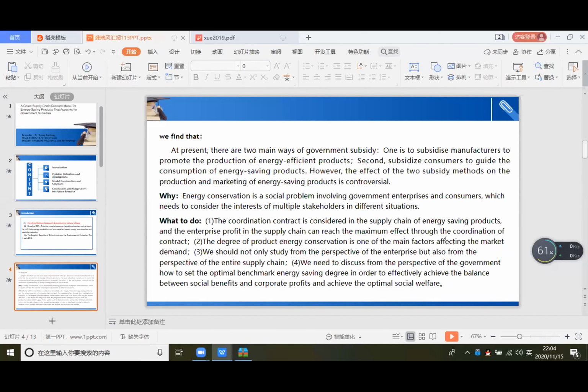Therefore, it is difficult for producers of these products to own a favorable competitive position in the market, resulting in insufficient motivation for enterprises to produce.